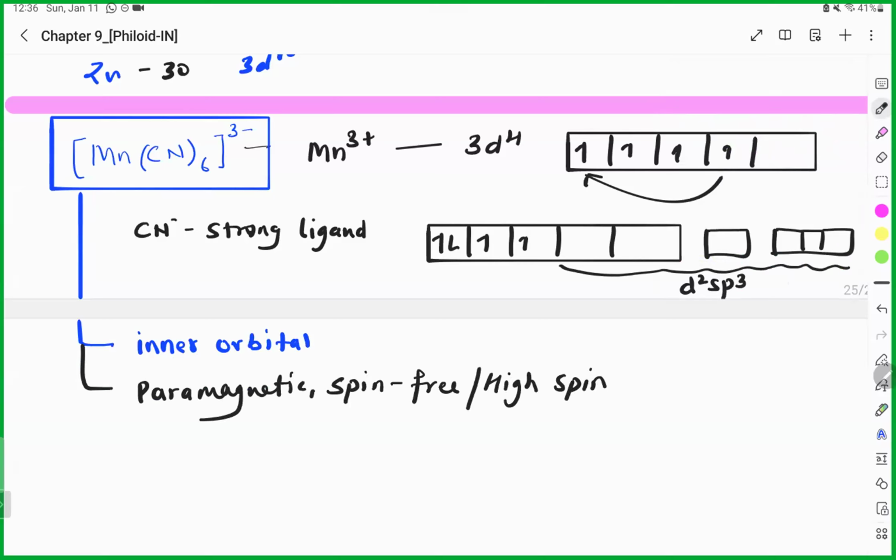Spin free, high spin, paramagnetic. And because the number of unpaired electrons here is 2, you can calculate your Bohr magnetic moment also. 2 into 4, it will be under root 8 Bohr magneton. Okay. Done.